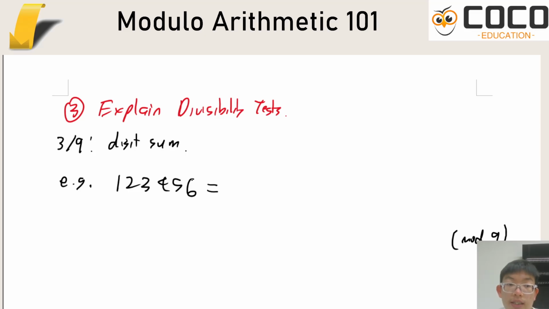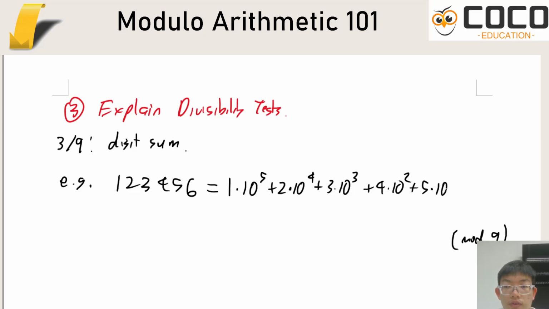Now to do that, I'm going to write everything down in terms of place values. This is of course something that in our first understanding of big numbers, we know that each place value is the thousands place, 10,000s place, 100,000s place. I can also write them as powers of 10.